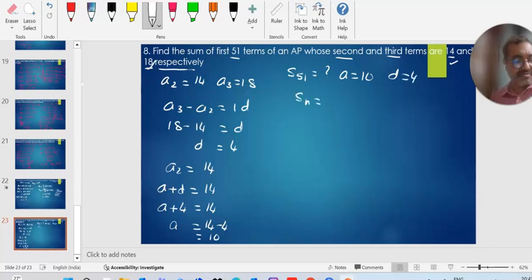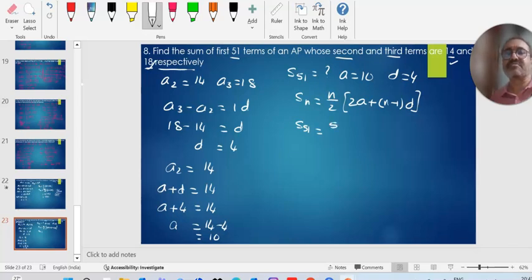Sn is equal to n by 2 into 2A plus n minus 1 into D. Now S51 is equal to n by 2, find the sum of 51 terms.